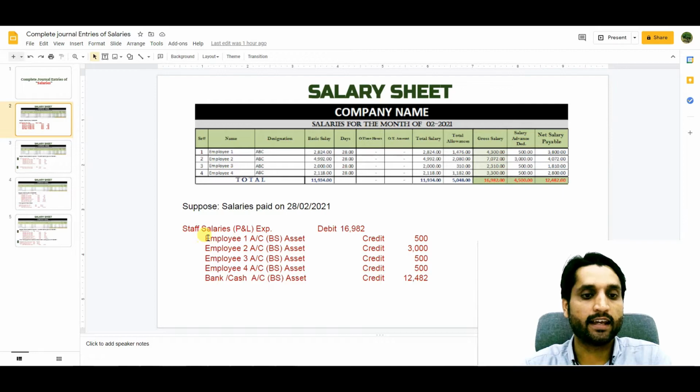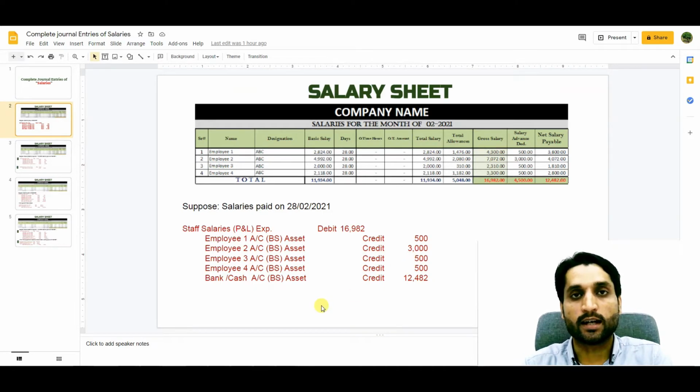Now each employee having a different ledger account in the system as a receivable in a current assets. So when we paid them the loan, we make them debit, okay, and now they are making the repayment of the loan to the company. Now we are making deductions, so their ledger account will be credited with each individual amount deduction, like 500 here for employee number 1, 3,000 for employee number 2, 500 for employee number 3 and so on.